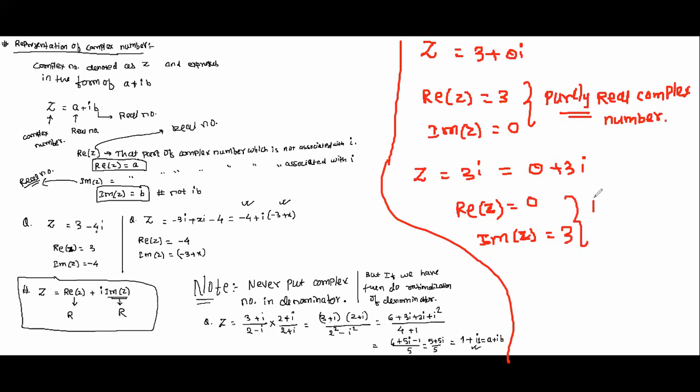Such a type of complex number is called purely imaginary. What are you observing from here? For purely real, the imaginary part should be equal to 0. For purely imaginary, the real part should be equal to 0. Are you getting all this? Okay. Just write down all these key points.